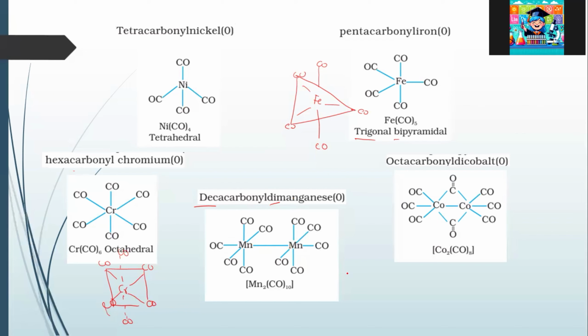The structure is like this, and manganese is here. If we are considering this plane we are drawing, in the plane that is perpendicular to the screen there are 4 carbonyls.